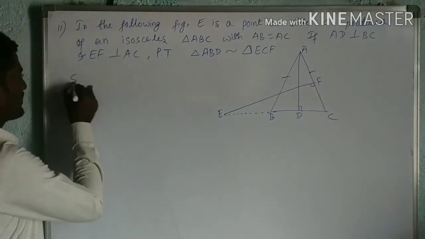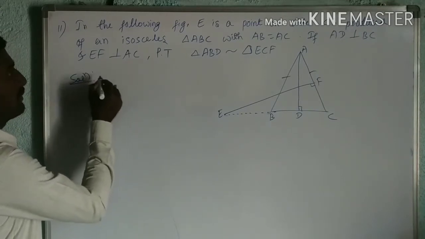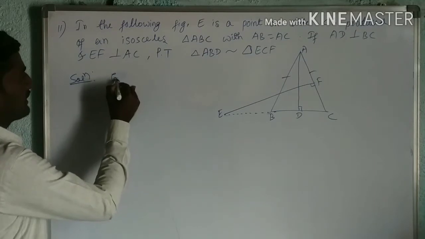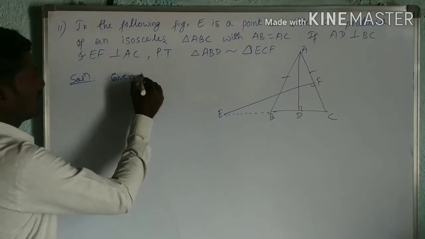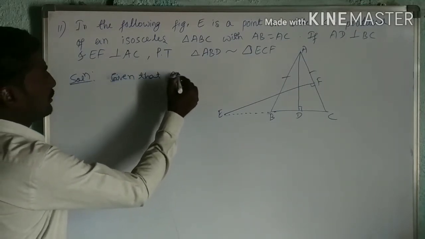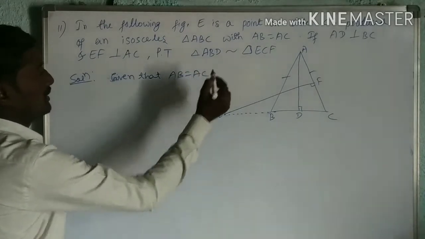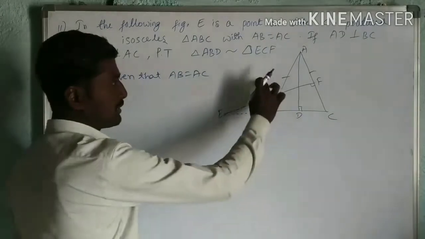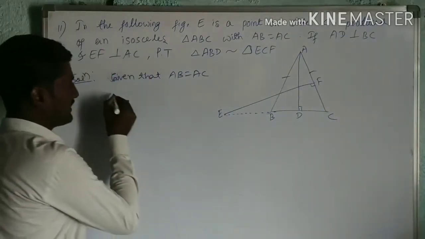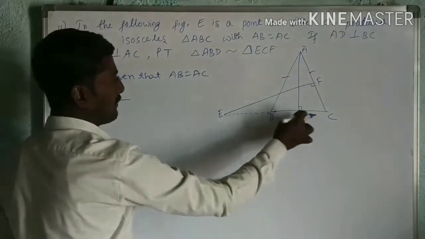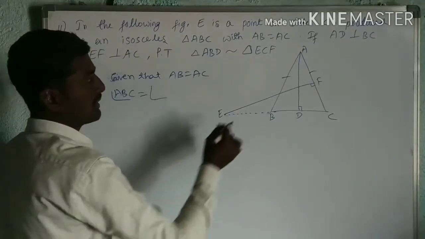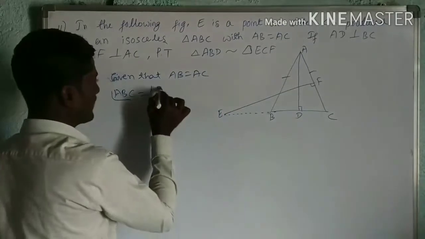Now let us take the given first. AB is equal to AC. If AB is equal to AC, can I write angle ABC is equal to angle ACB?